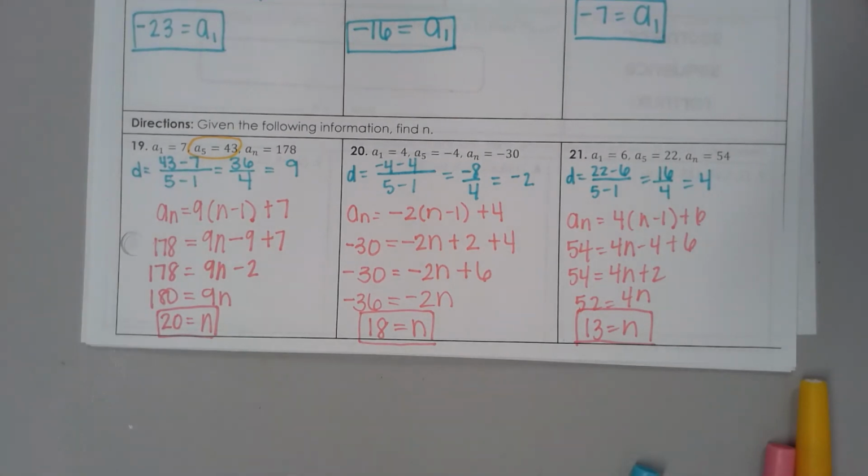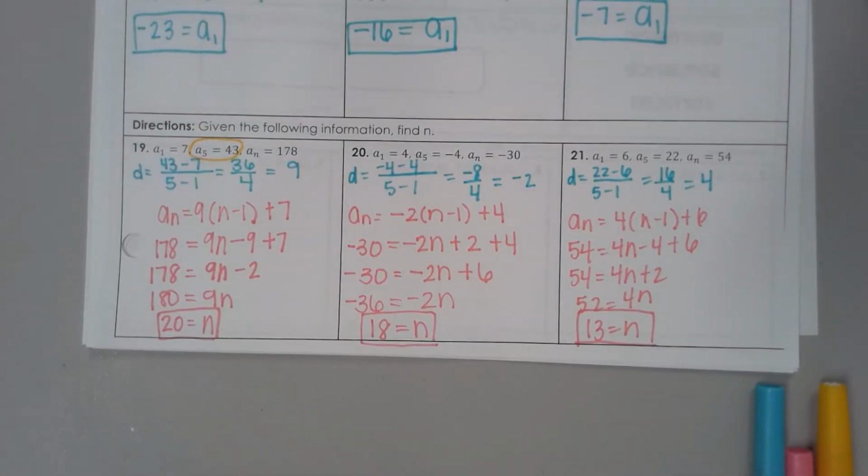So you should get n equals 13. And so as I'm guiding you through the problems, after we've done a couple examples, it probably doesn't seem as bad. But once we start just mixing in all of these together, you're going to have to be aware, okay, what do I need?